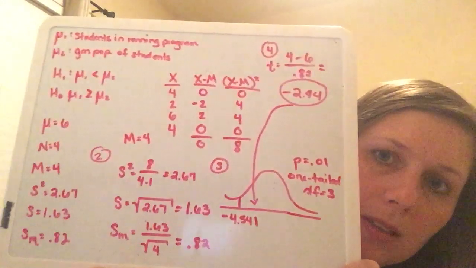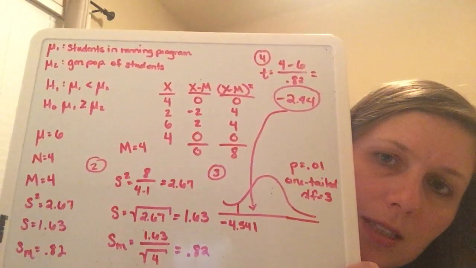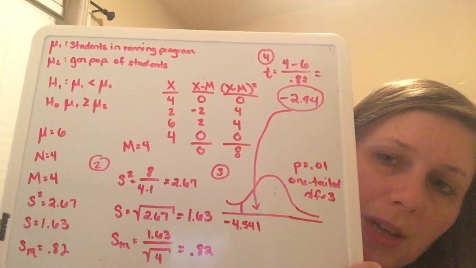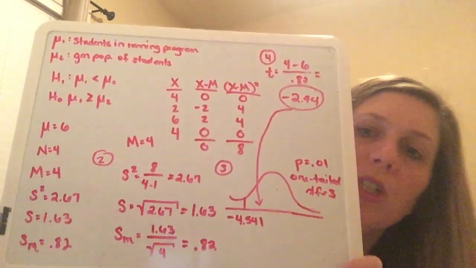No, it does not. It is not high enough to make it into what we call the region of rejection. So that means for step 5, we will fail to reject the null. Fail to reject.